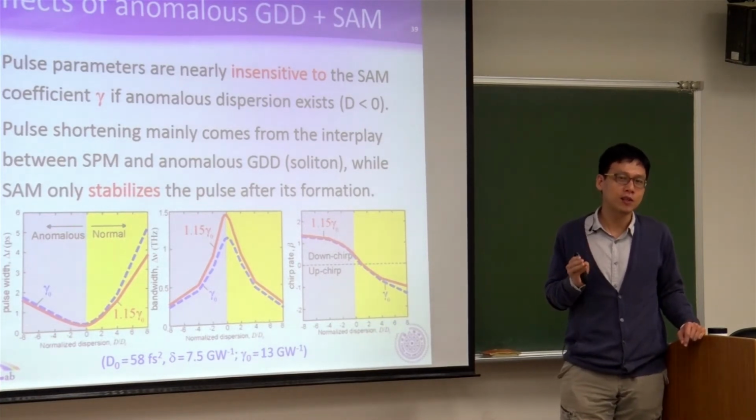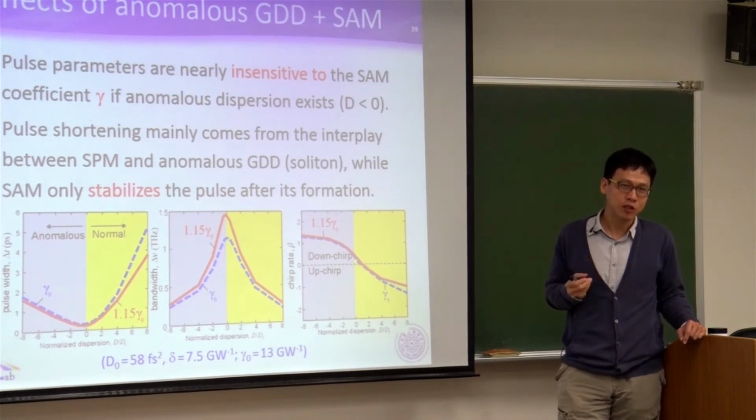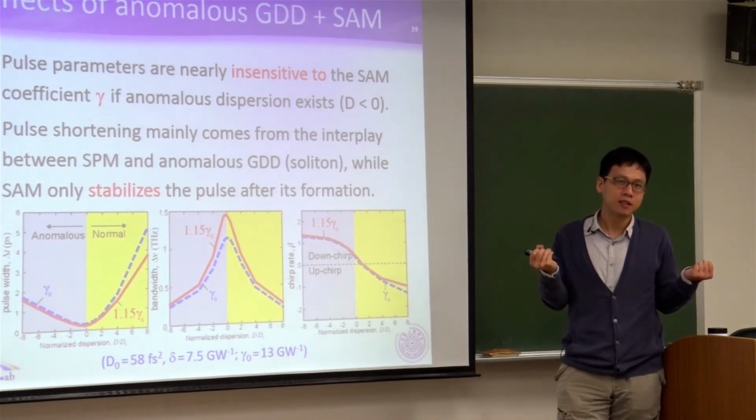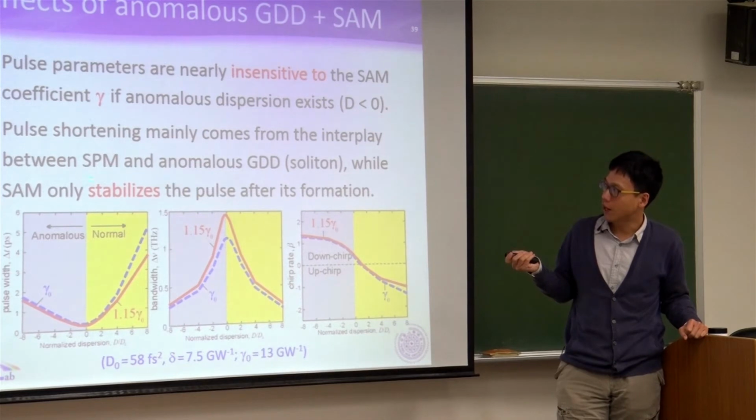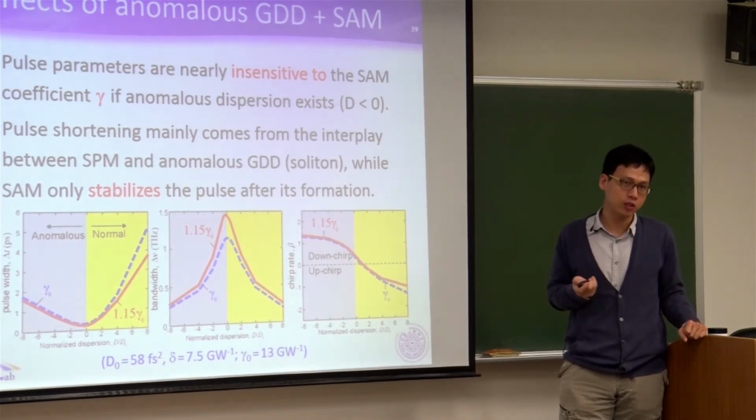Maybe you don't need a saturable absorber. You just need a piece of fiber. And play in the SPM and anomalous GDD.